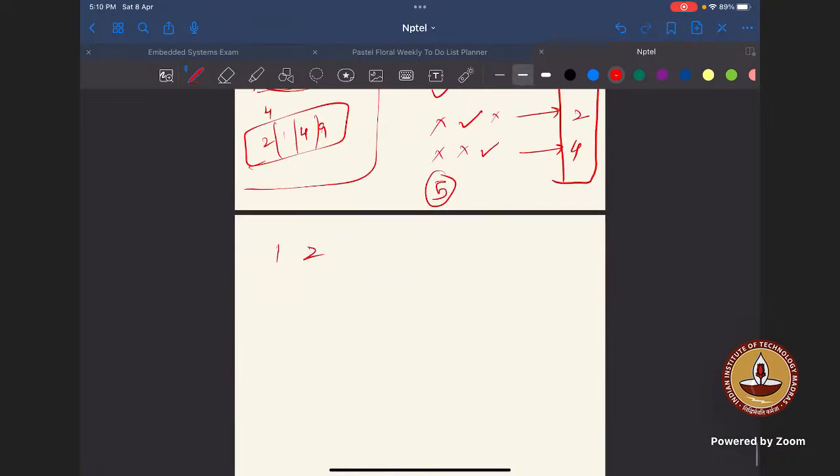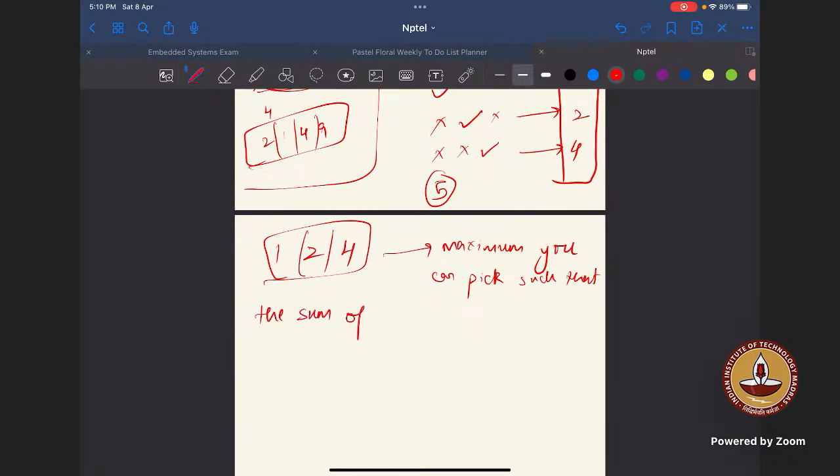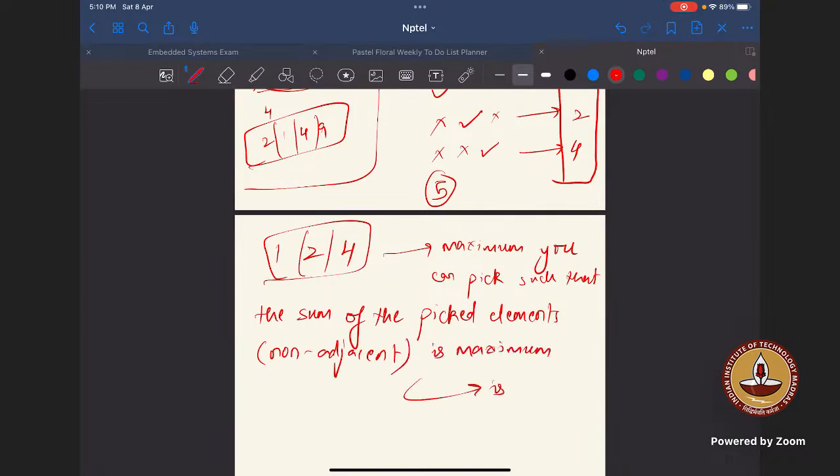So for this array 1, 2, 4, the maximum sum of the picked elements, non-adjacent obviously, is equal to 5.